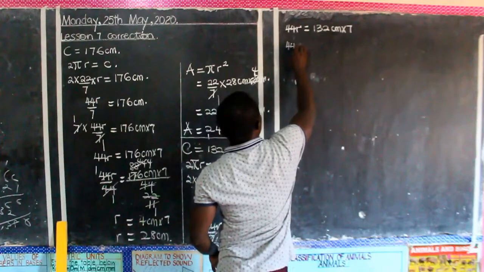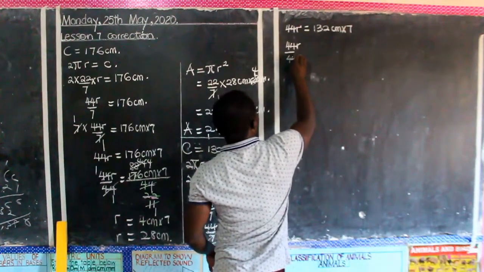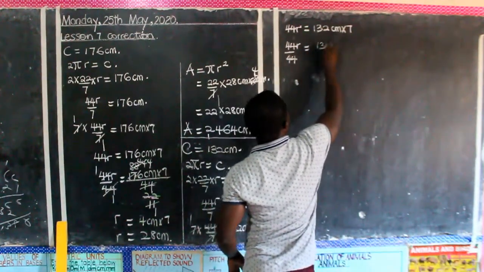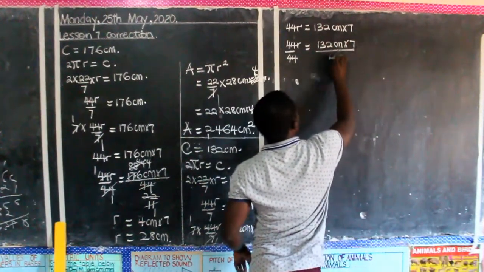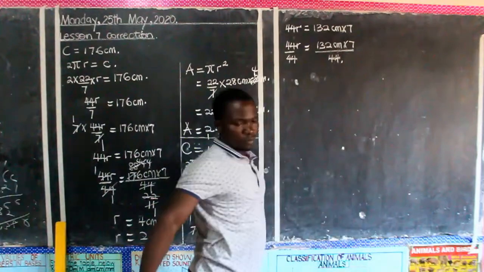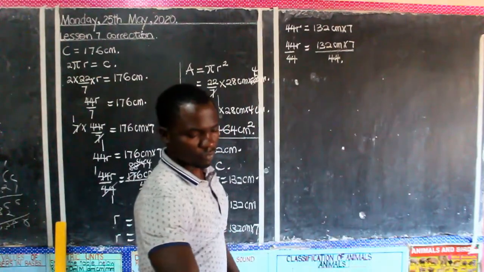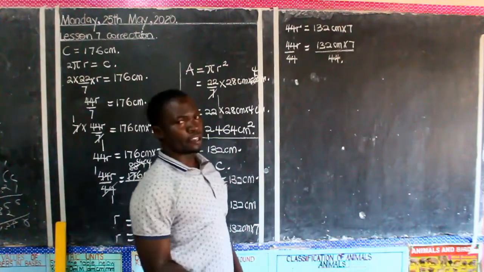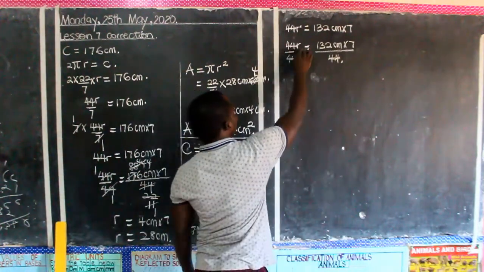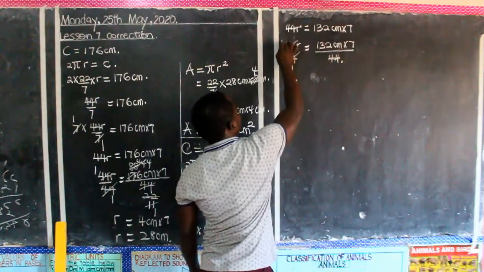So this is the 44r out of 44 equals 132 centimeters times 7 out of 44. Let me hope you are following. We are now going to divide by 44 once, by 44 once.